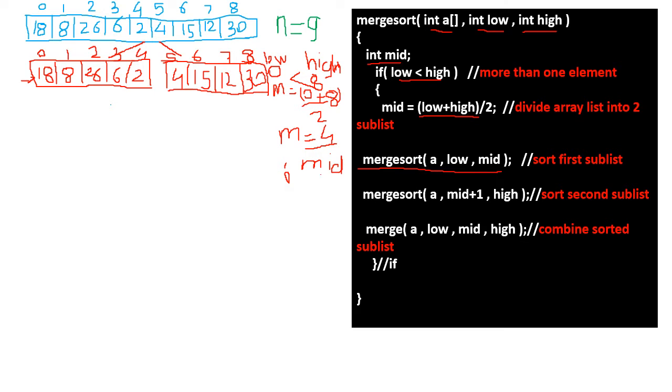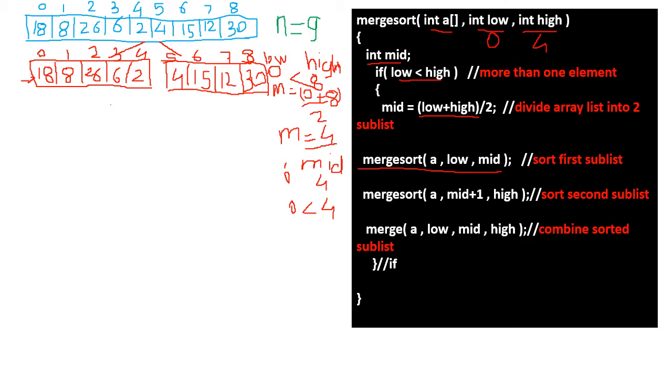So when we call merge sort recursively, our array name, low value 0 and high value, that is the mid value, 4. Again check whether low is less than high. Check whether 0 is less than 4. High value is 4, so 0 is less than 4.